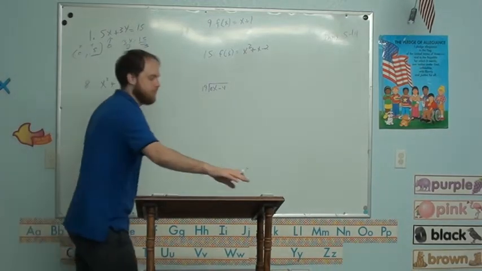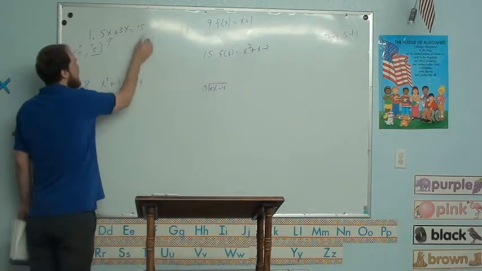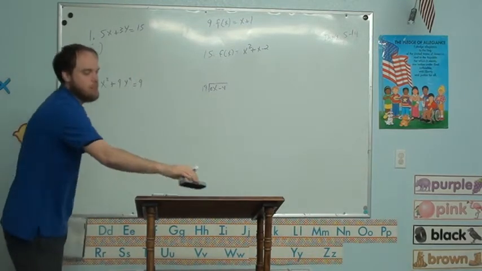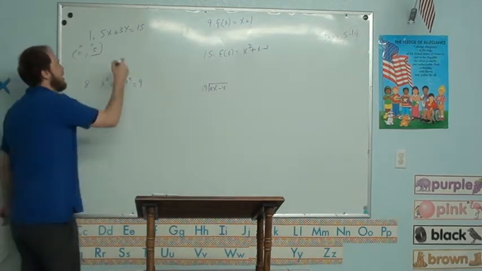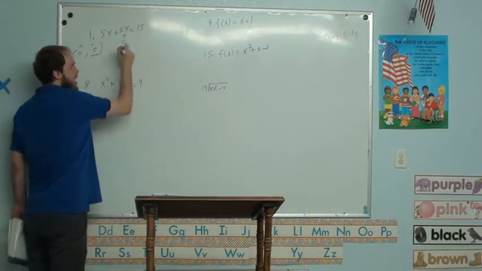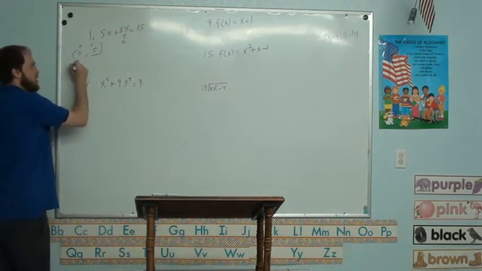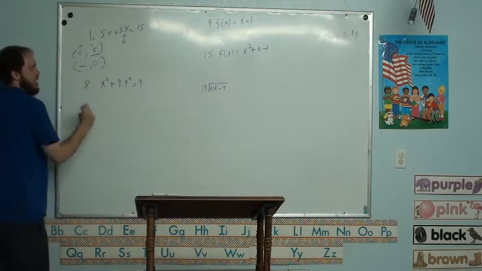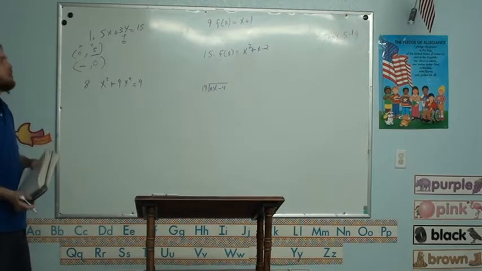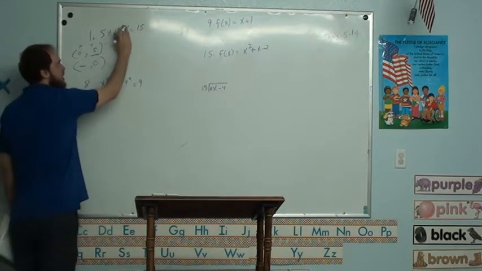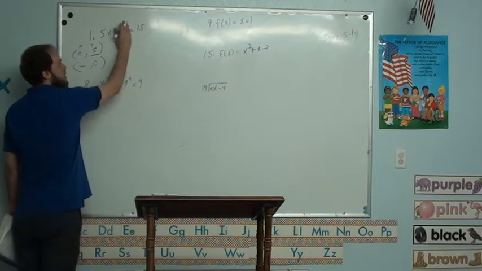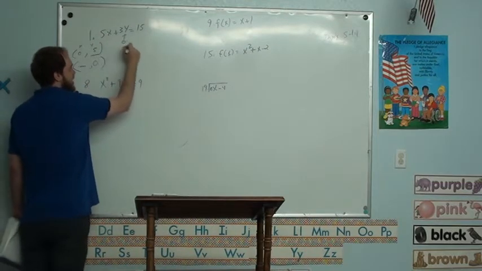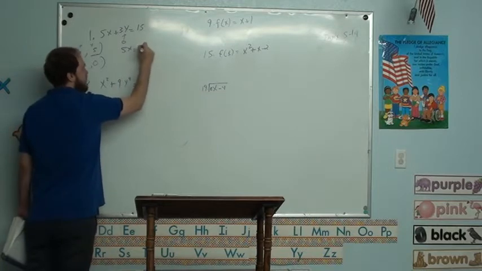Now, to do the x, I'm going to plug a 0 in for y. So my coordinate is going to have a 0 in the y, and I'm looking for that x. When I plug a 0 into the y, it goes away, and I'm left with just 5x equals 15.